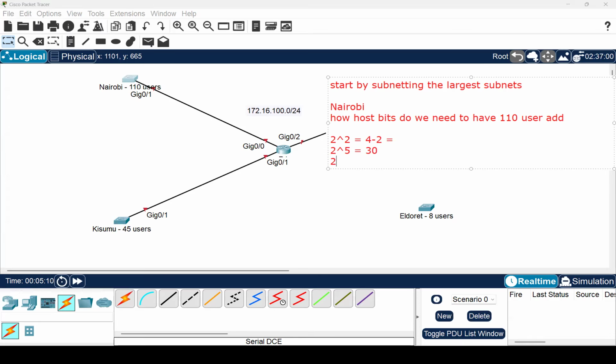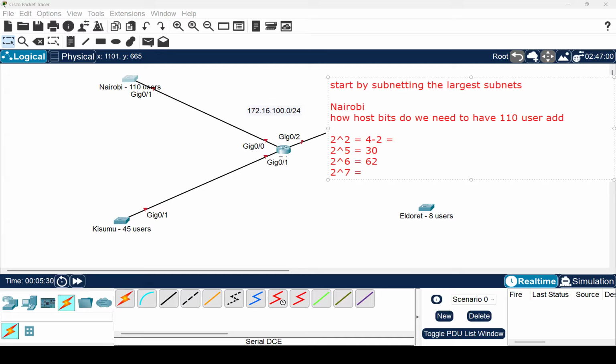Then 2 raised to power 6. This is the one that gives us 62. Still not enough. Then what is 2 raised to power 7, minus 2?